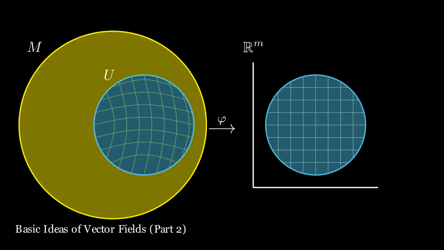In short, even though M itself may be hard to describe using numbers directly, we introduce a coordinate system by establishing a smooth correspondence with R^m, in a way that preserves the meaning of differentiation.